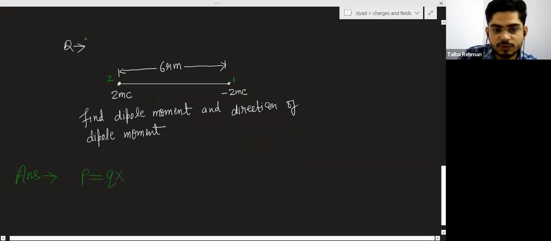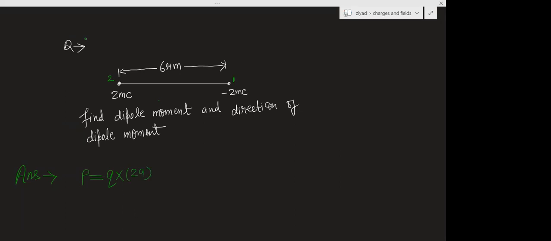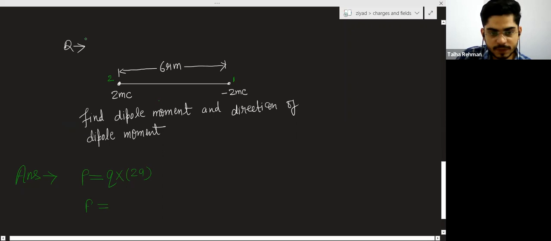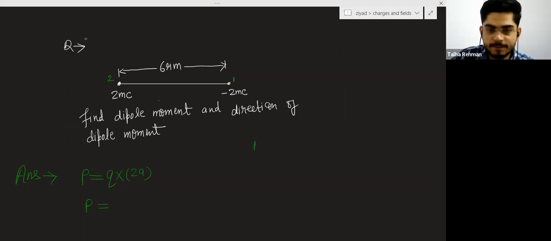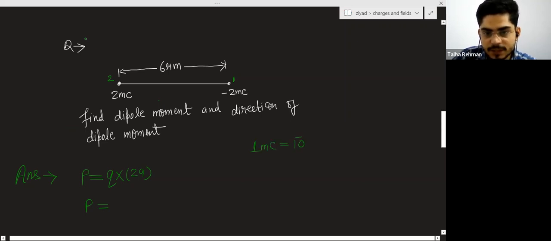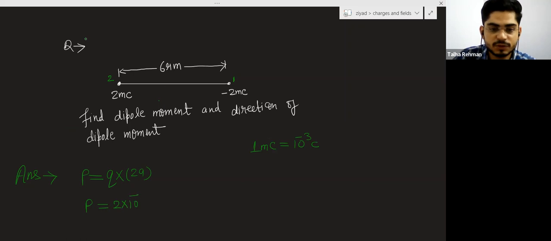Any of the charges into the distance between the charges. So first you can take any charge, 2 millicoulomb. 1 millicoulomb is equal to 10 to the power minus 3 coulomb. We will convert it into the SI unit, that is coulomb, 10 to the power minus 3, into the distance between two charges. What is the distance?